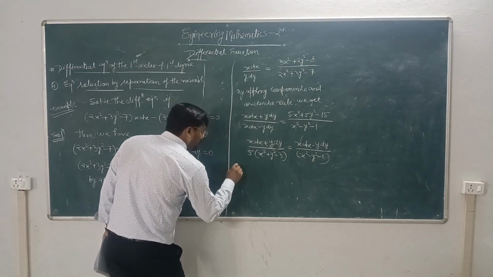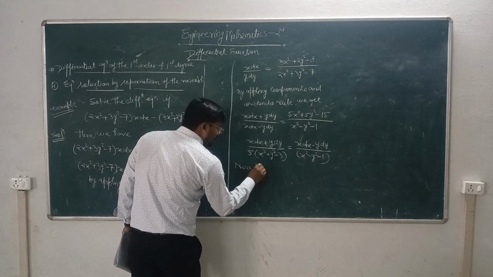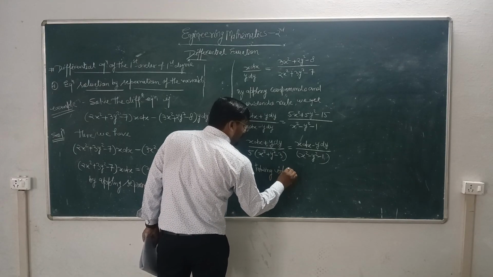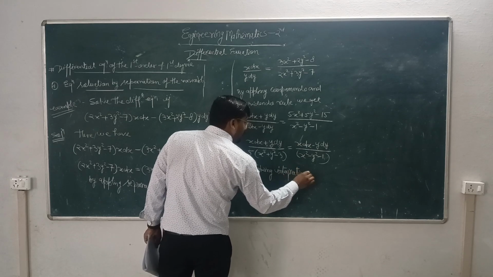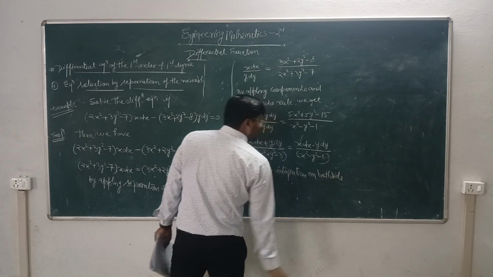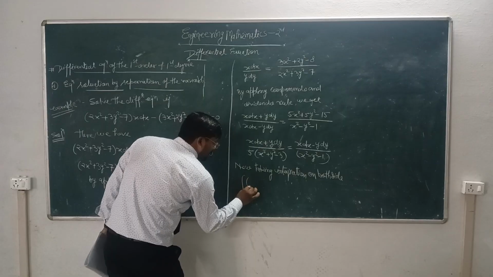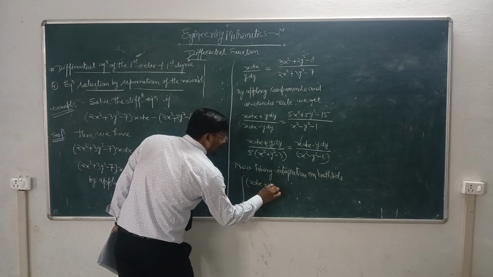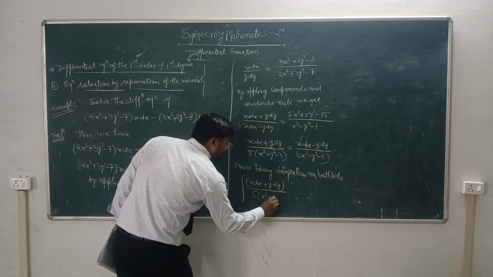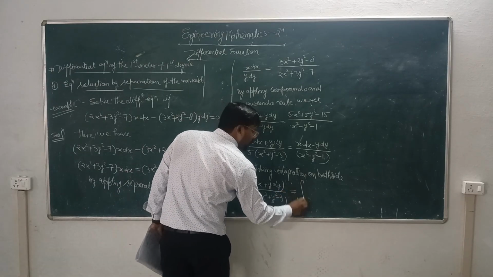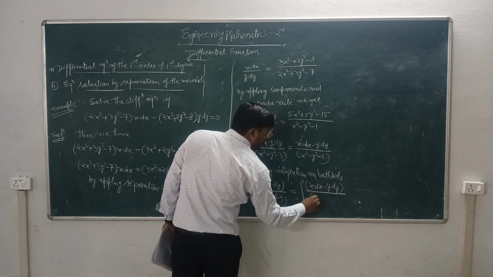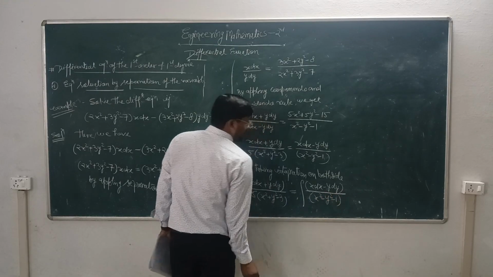Now taking integration on both sides, you can find integration of (x dx + y dy) total upon 5(x square + y square - 3) is equal to integration of (x dx - y dy) total upon (x square - y square - 1).